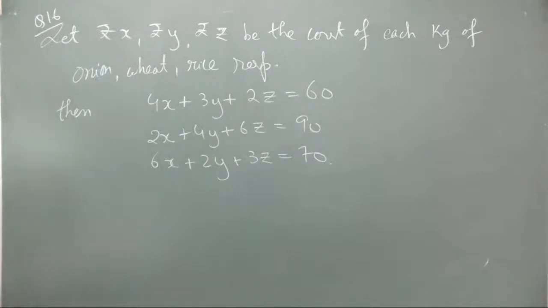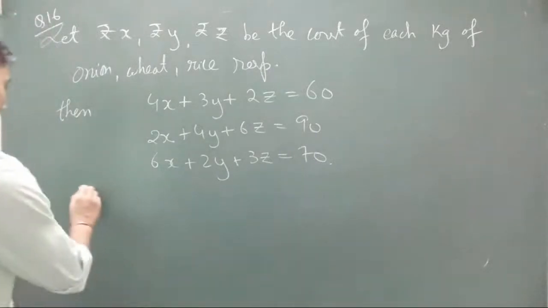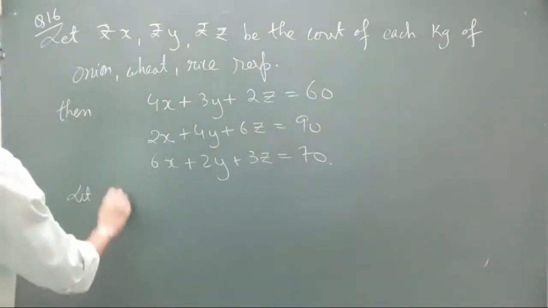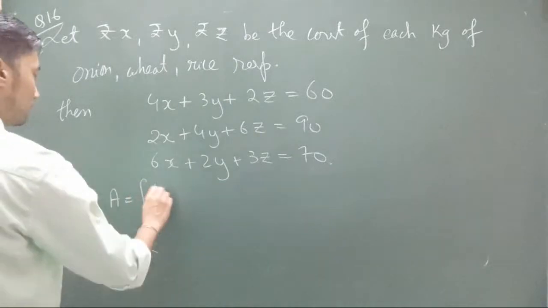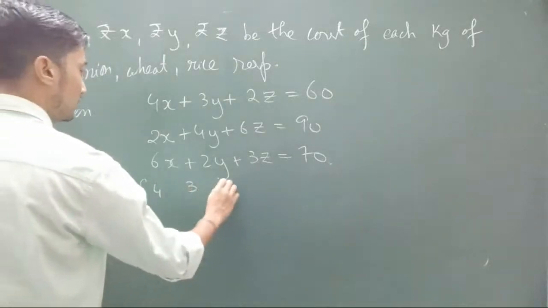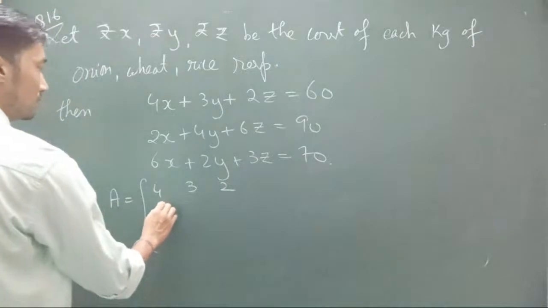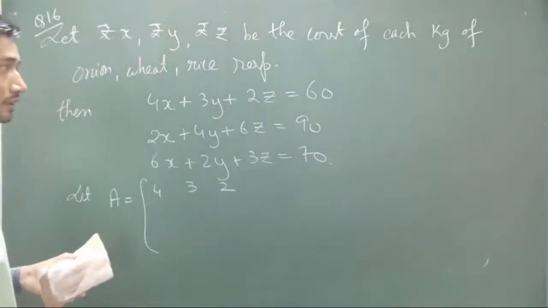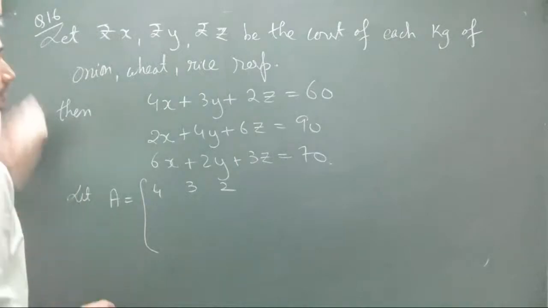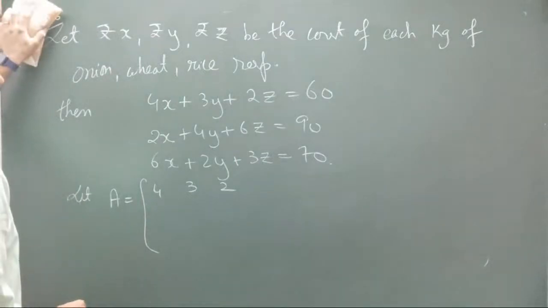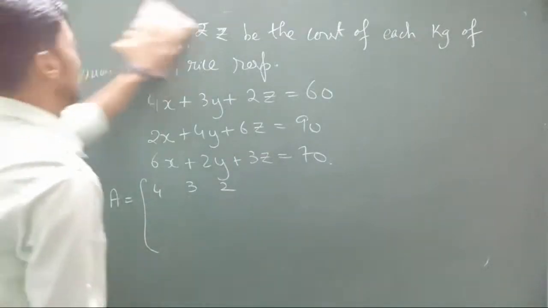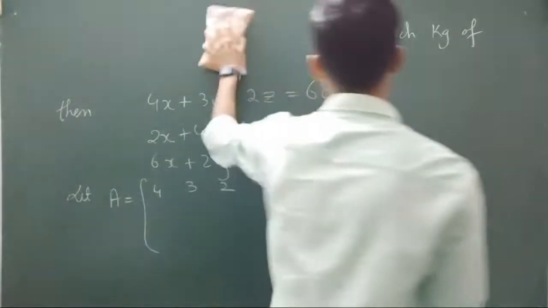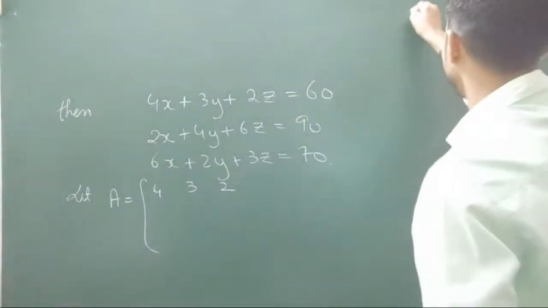Chalo. So let A is equal to 4, 3, 2. Okay, so I'm going to write it here so that I get enough space.